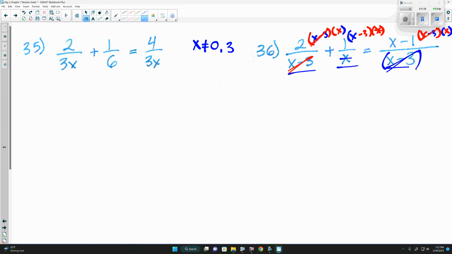Now at this point here, what we have left in the first one is 2 times x plus 1 times x minus 3 is equal to x times x minus 1. Now, in one of the earlier hours, they asked, couldn't we have just written this as 2x?